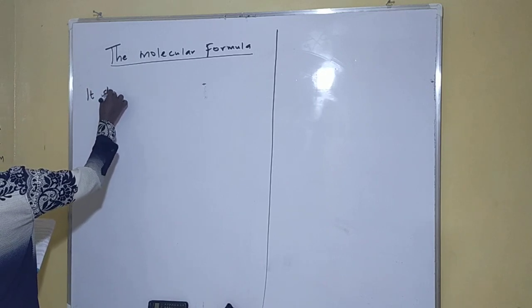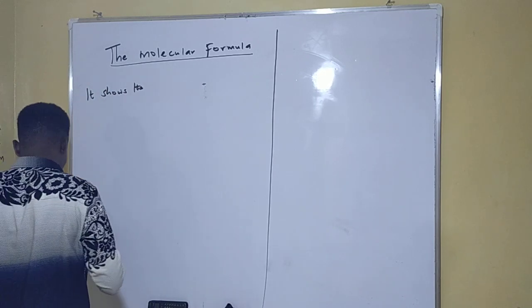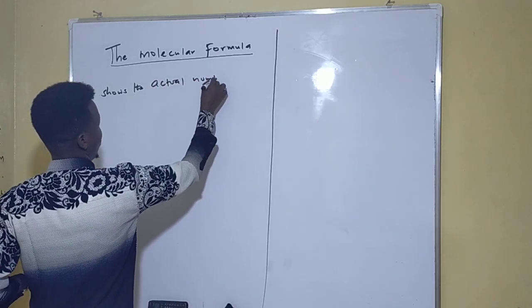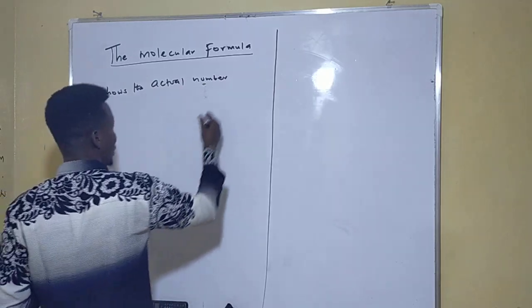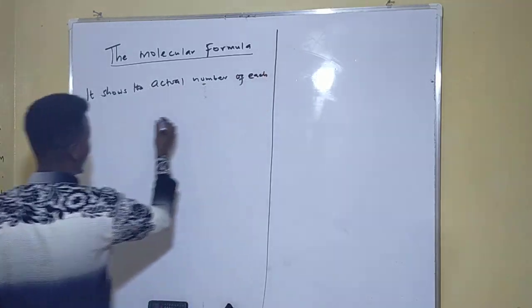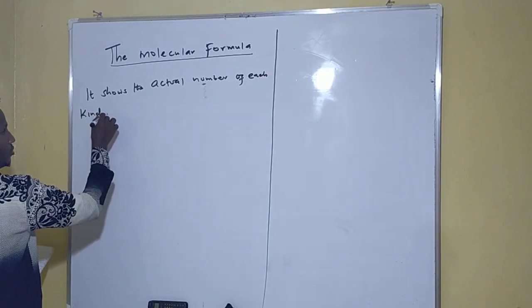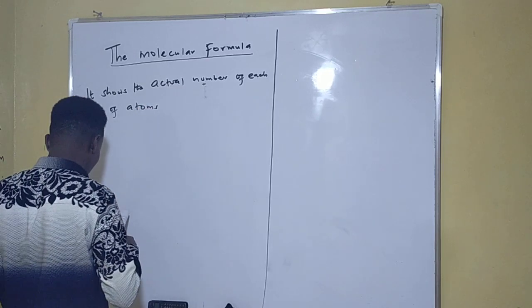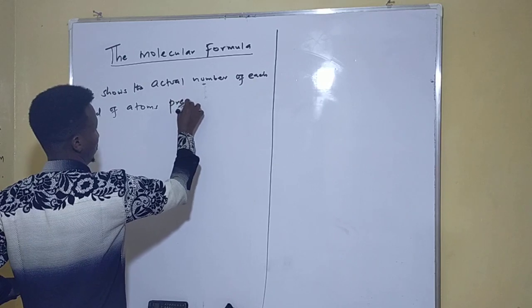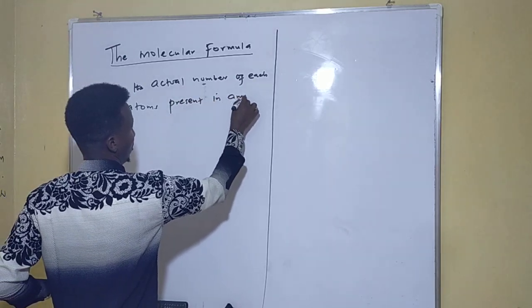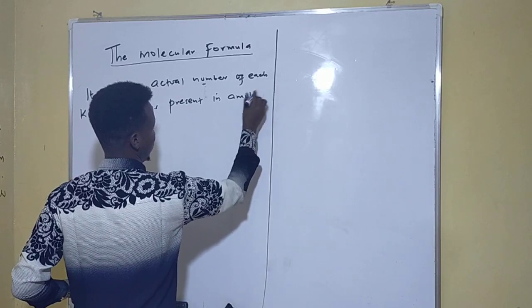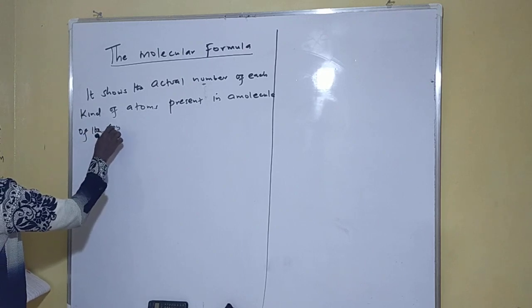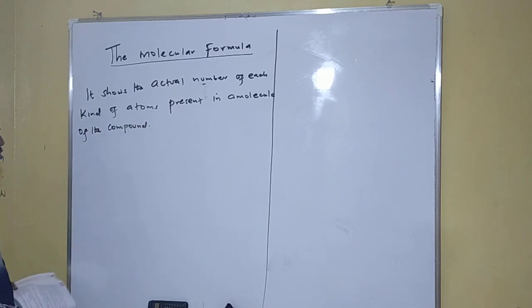It shows the actual number of each kind of atoms present in a molecule of the compound.